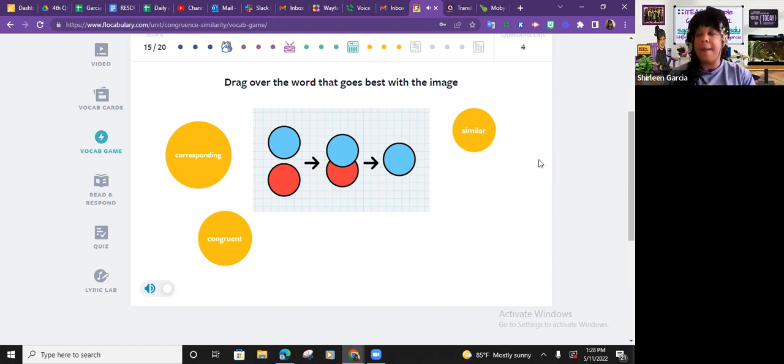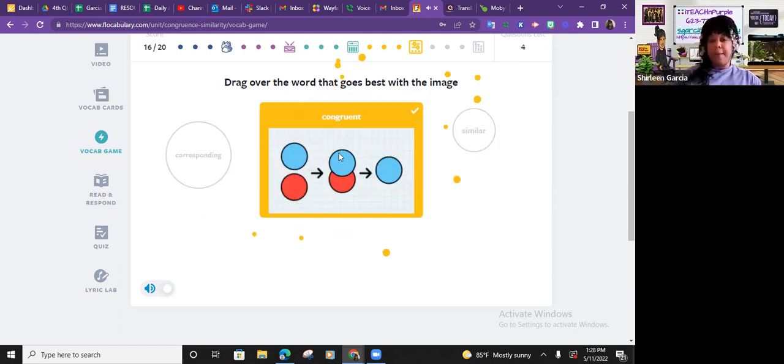But what do we call that? Corresponding is when you're talking about the angles of a triangle being in the same location. Congruent, yeah, same size, exact same shape is congruent.